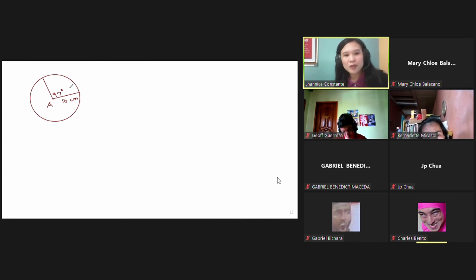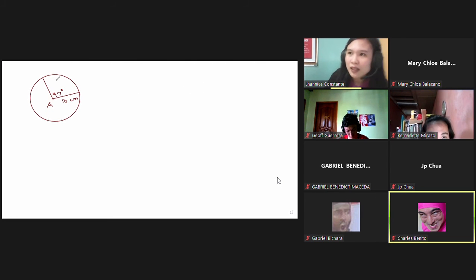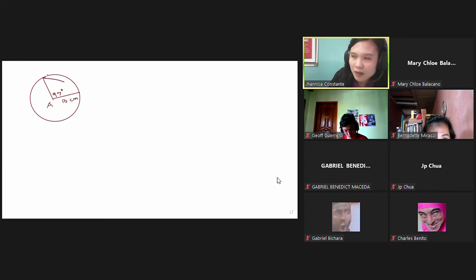So that is our central angle. And we need to find the area of the segment of the circle that we have. So since our triangle is not a right triangle, we need to find the height of our triangle for us to be able to solve the area of the segment.